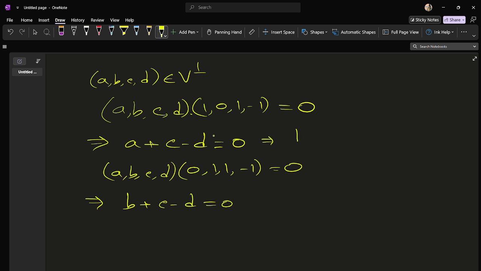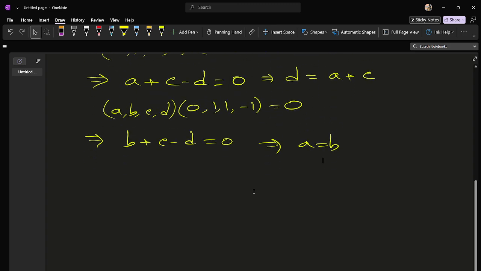So d is a plus c, and if we take the other things out, then we will get a equals to b. I think this is enough to make a basis.